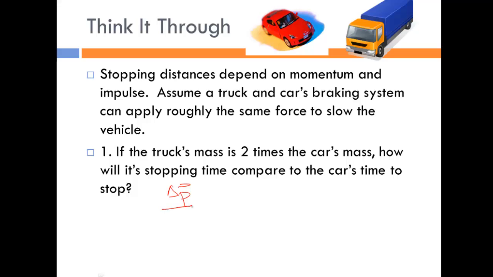I'm going to start with my equation: change in momentum over change in time is equal to the net force. And let's go ahead and get the time term isolated. If I do that, I get time is equal to change in momentum over net force.